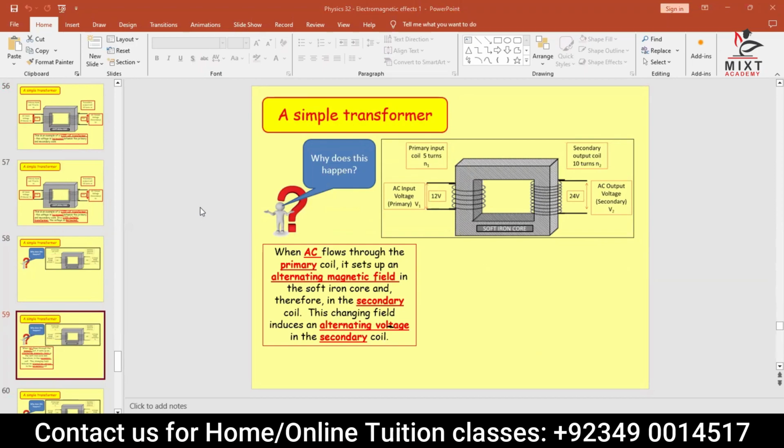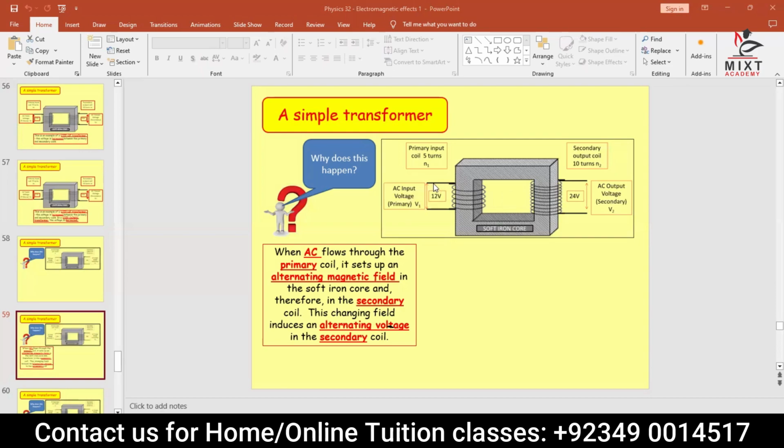Remember that if you're providing DC at input, you will not create any rate of change of magnetic field, because DC provides a continuous electricity. We need a rate of change of magnetic flux, or rate of change of magnetic field cutting the conductor, because we want to produce an induced current or voltage at output.